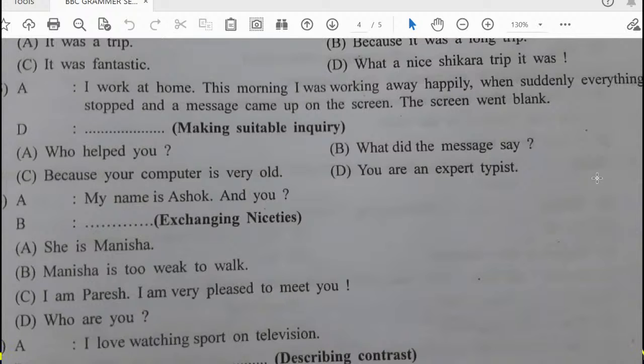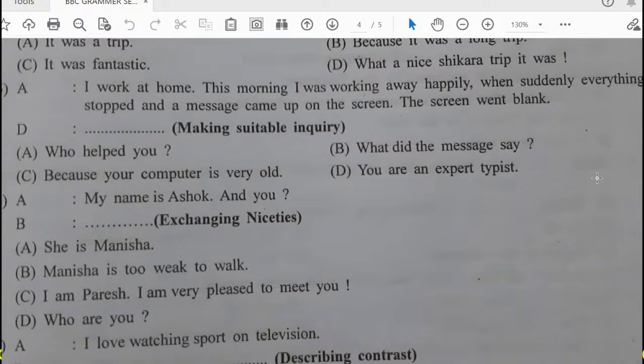We have to make an inquiry. So option A, who helped you? Option B, what did the message say? Option C, because your computer is very old. And option D, you are an expert typist. So making suitable inquiry is our suggestion for this dialogue.